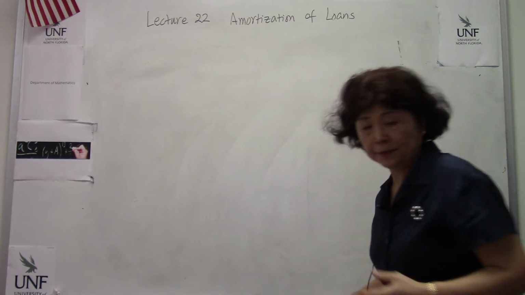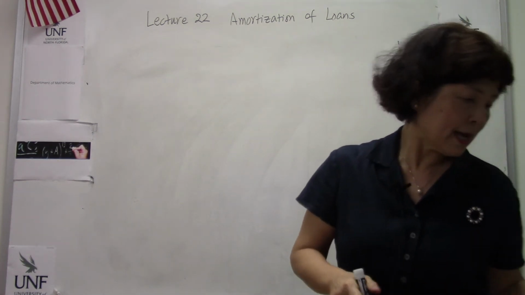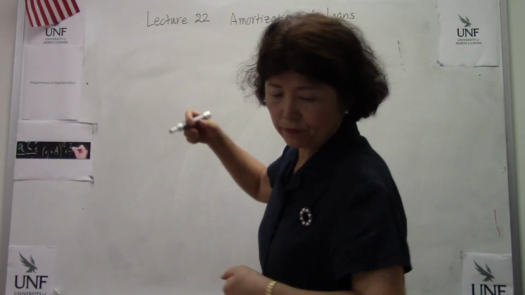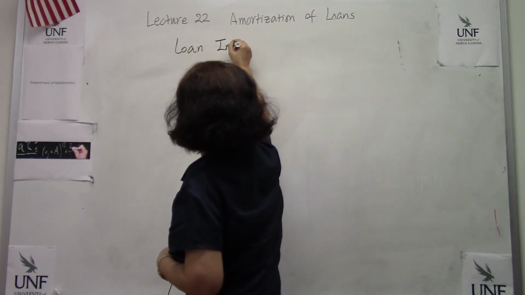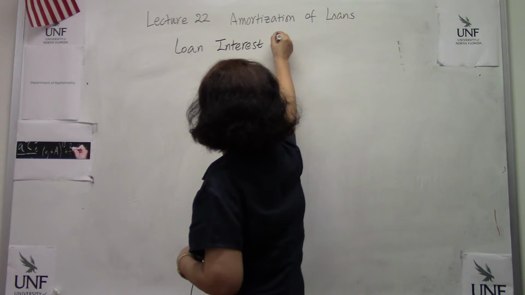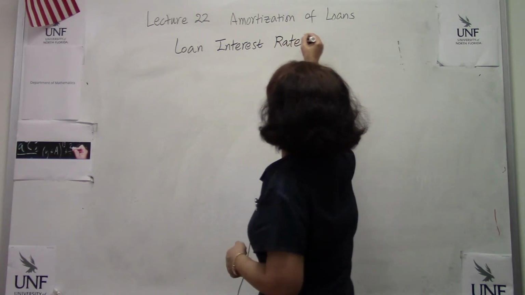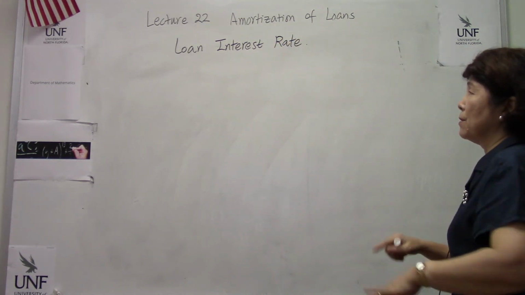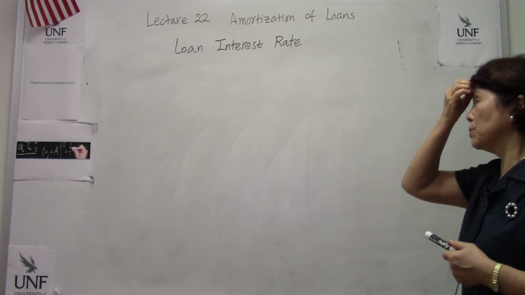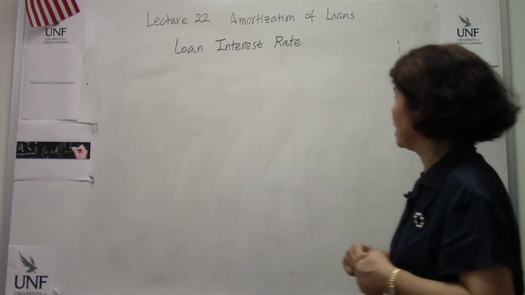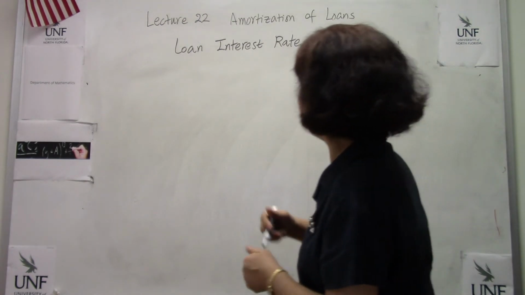The next one is about the concept of loan interest rate. So far, what did you do? All interest rates were always given to us, okay? This time, we are going to figure out what the interest rate was. Okay.